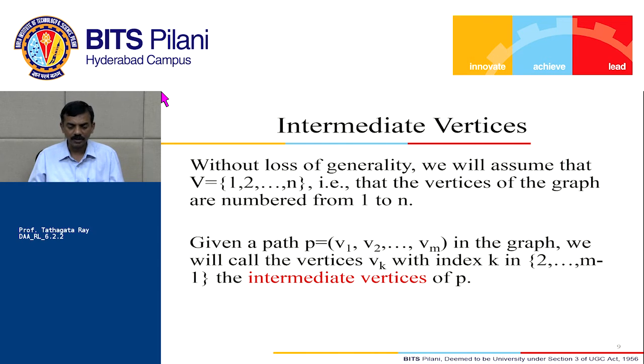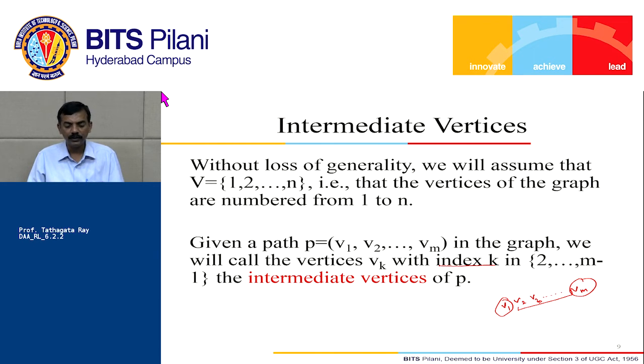Given a path P starting from V1 and ending at Vm, with some vertices v2, v3 and so on in between, we call the vertices vk with index k between 2 and m minus 1, excluding the two endpoints, the intermediate vertices of that path. Let's go over the definition once again.